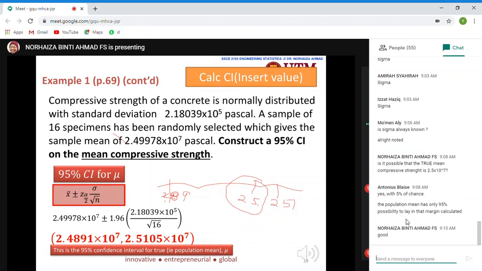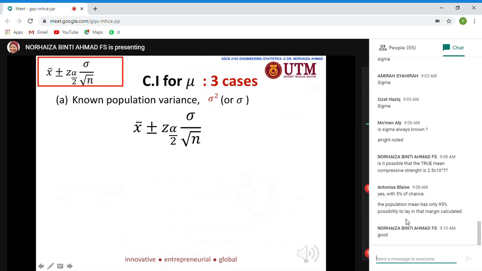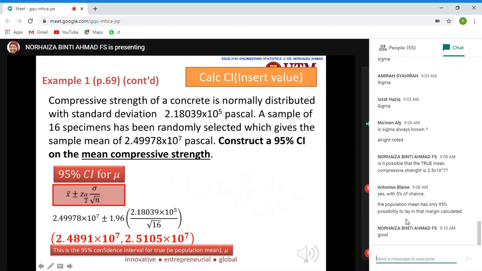Right. So, Muhammad Ali asked whether we know the value of sigma, the population standard deviation, all the time. It is not possible; not all the time will we know the value of sigma. So therefore we need to adjust this formula.